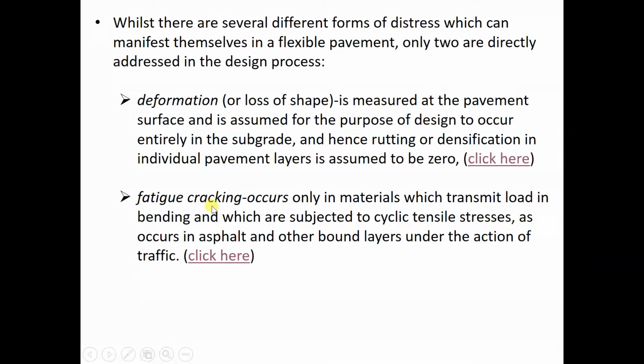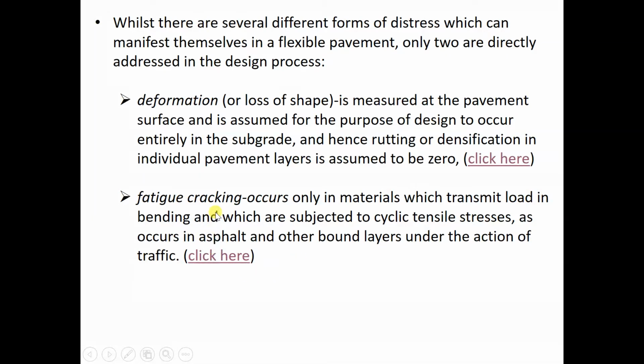Fatigue cracking occurs only in materials which transmit load in bending and which are subjected to cyclic tensile stress, as occurs in asphalt and other bound layers under the action of traffic.